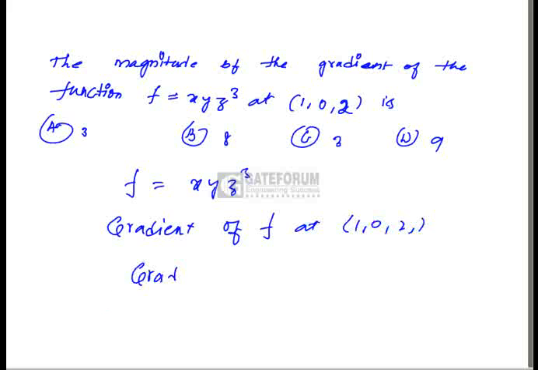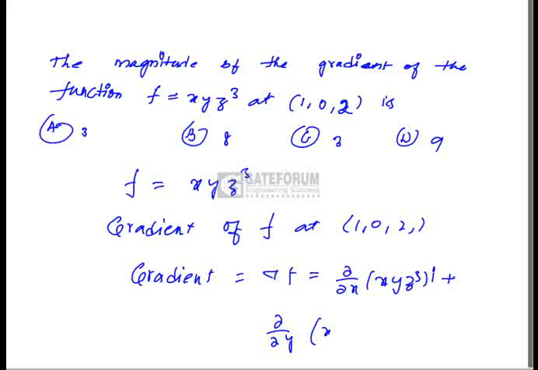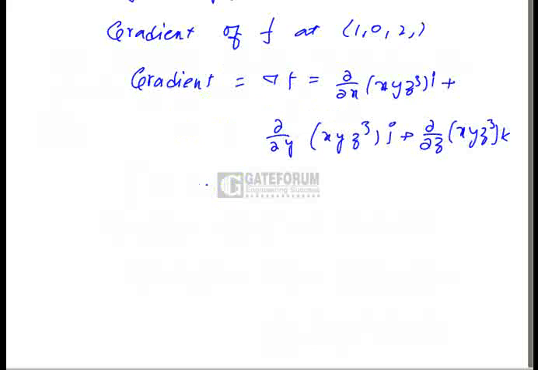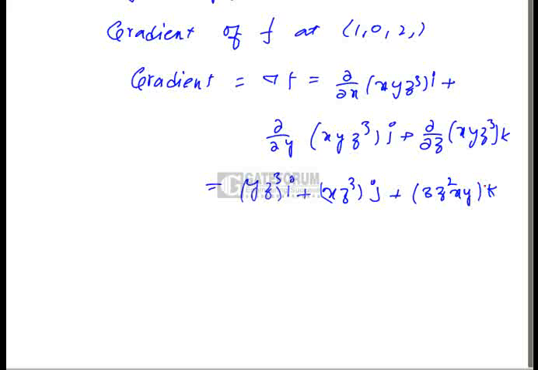Now the gradient is nothing but delta f, which is dou by dou x of xyz cube into i plus dou by dou y of xyz cube into j plus dou by dou z of xyz cube into k, which will be yz cube into i plus xz cube into j plus 3z square xy into k, which is delta f.